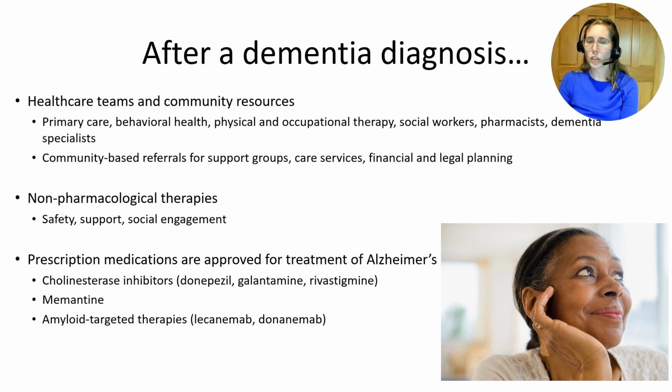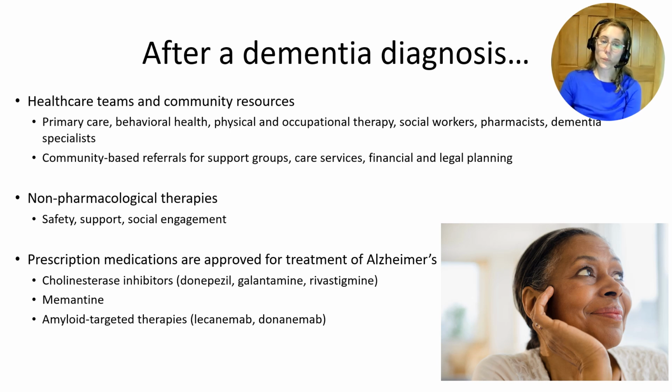This also may include an assessment of support, maybe thinking through therapies to help with functional assessment or treating social and emotional behaviors or providing respite care. So you can again really see how all of these different members of the healthcare team are so important here. And then also help with social engagement. So maybe that includes referrals to a variety of different community resources.